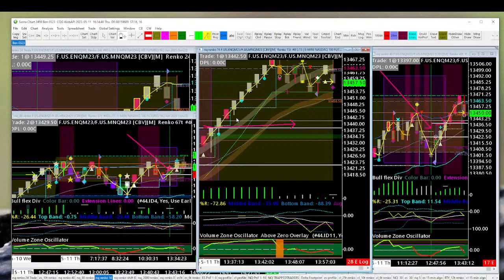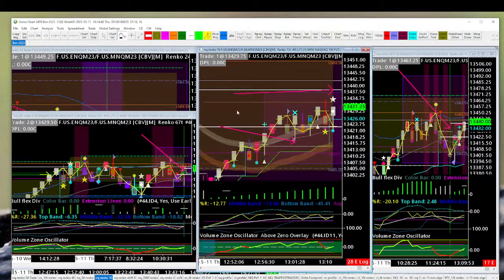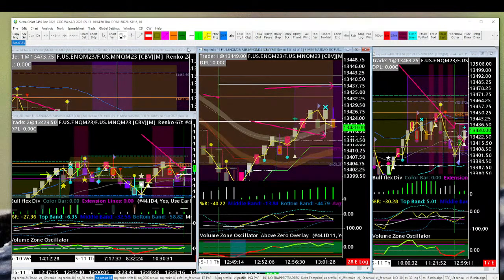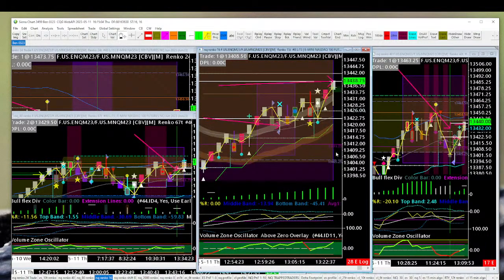On a pullback here, if you got it. But in between that is this pullback, in my opinion. That one is the attainable pullback. This entry here is the most attainable high odds entry.